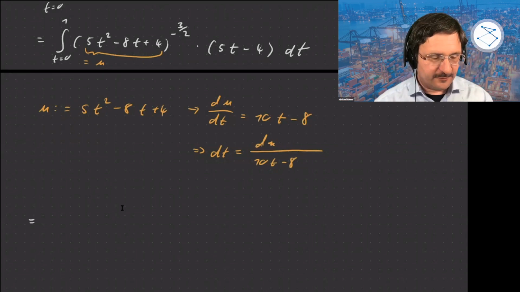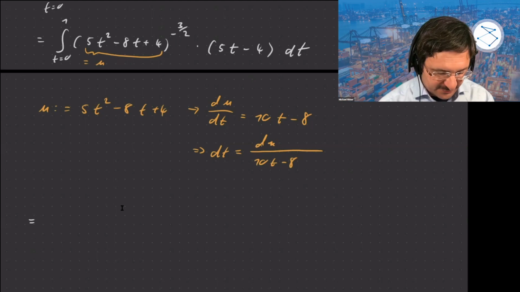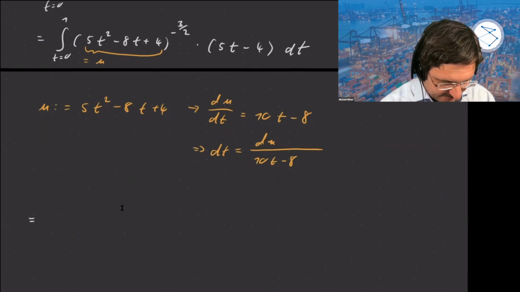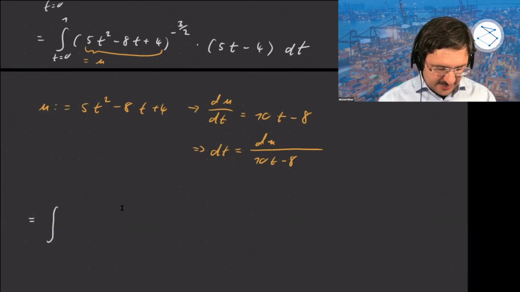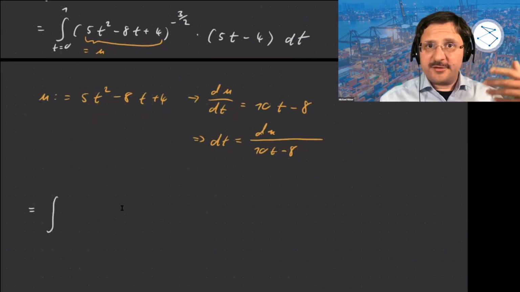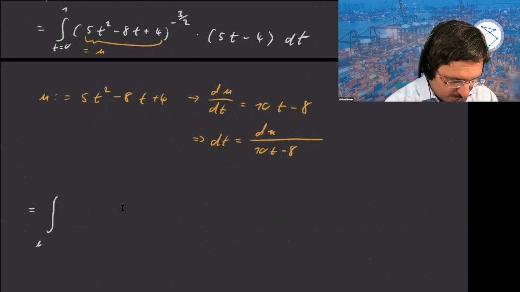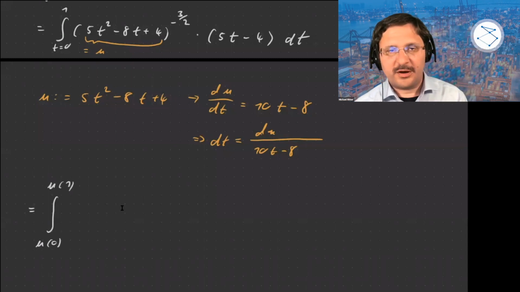So this integral after substitution will look like this. Instead of t from 0 to 1, we now have u of 0 and u of 1 as those boundaries here.